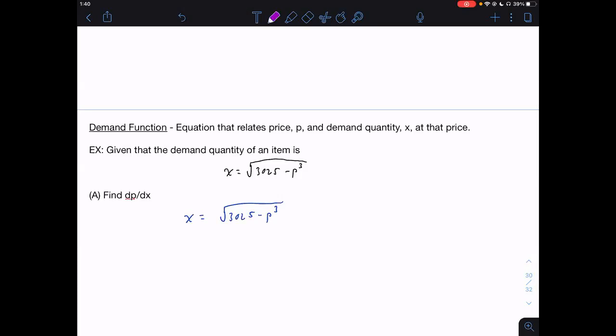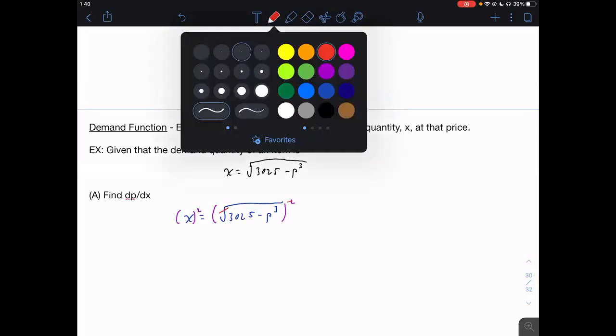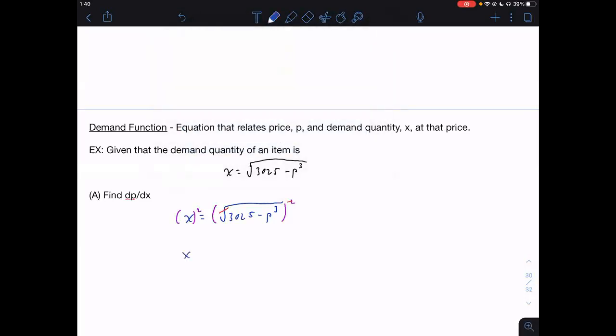Let's get rid of the square root by squaring both sides of our equation. By squaring both sides, the square root and the square will cancel out, leaving us with x squared equal to 3,025 minus p cubed.